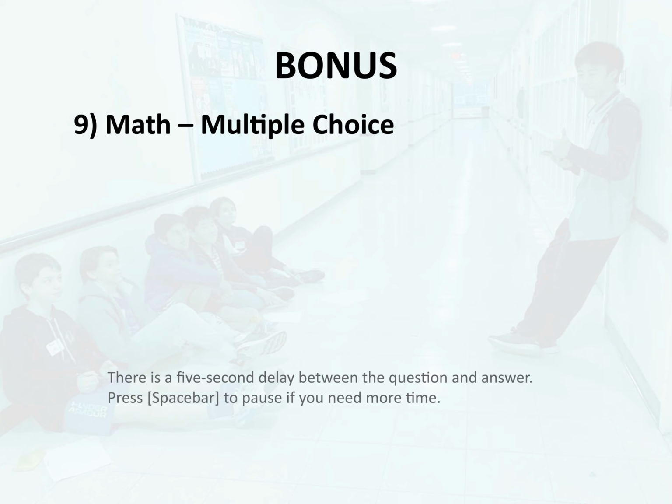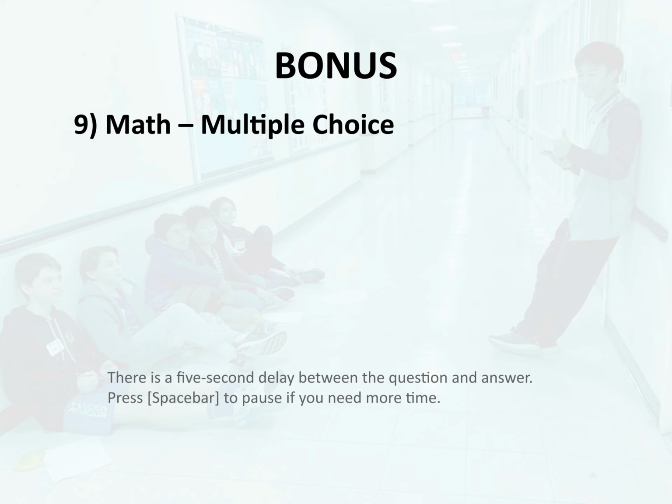Bonus 9. Math, multiple choice. Which of the following translations changes the graph of y equals x squared into that of y equals (x plus 3) squared plus 6? W. 6 units down and 3 units to the left.